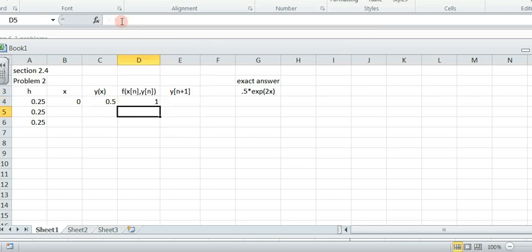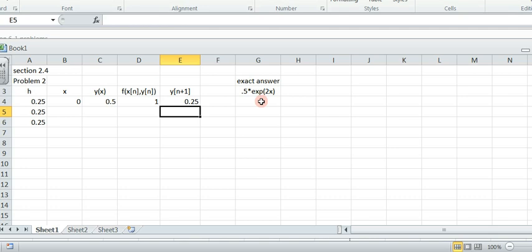Then my next spot is y(n+1), and that's going to equal y(n) plus h, which is 0.25, times the function at x(n), y(n), which is going to be D4. And I forgot to put an equal sign in front of that, so that's pretty silly.